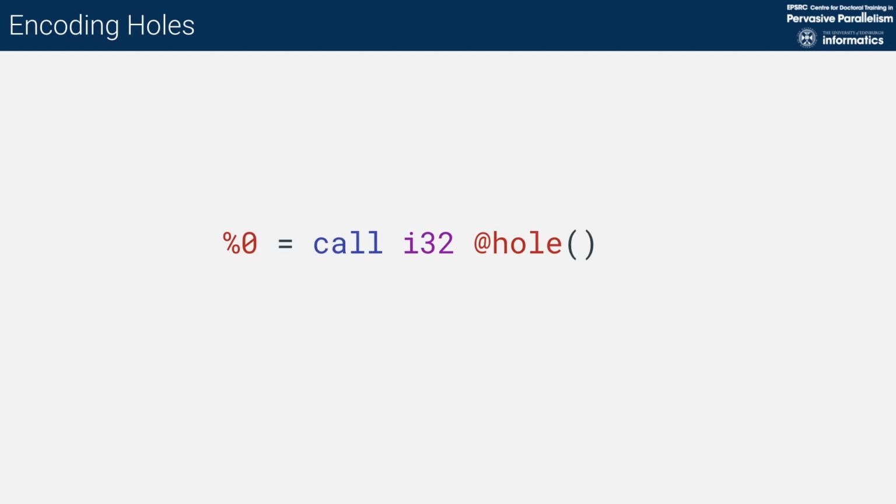The basic element of our representation is to treat holes as function calls. In particular, we represent values associated with a hole as calls to special distinguished hole functions. In the context of the program, these hole functions are uninterpreted. There's no function body or definition available for a hole function, and so the program at large can neither be linked nor executed while holes remain in it.